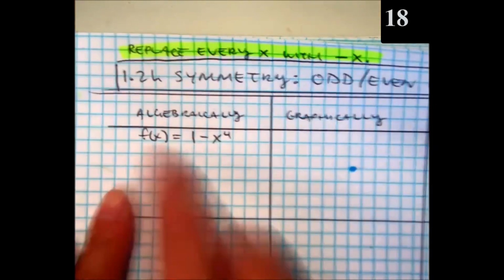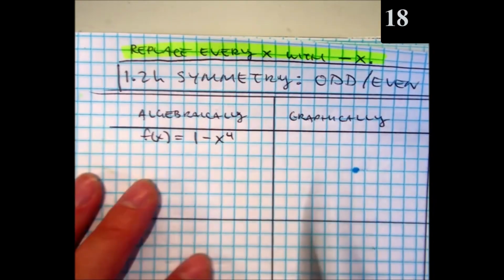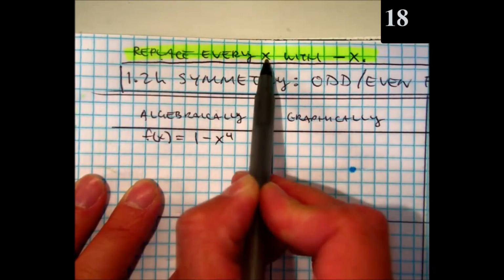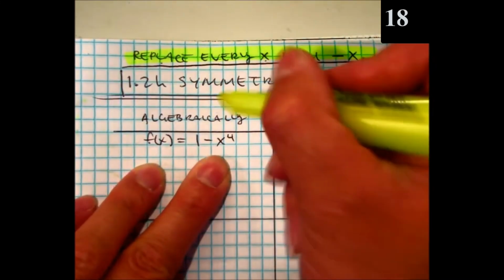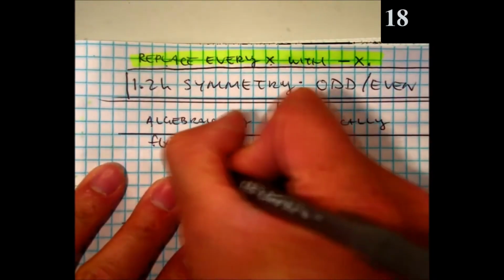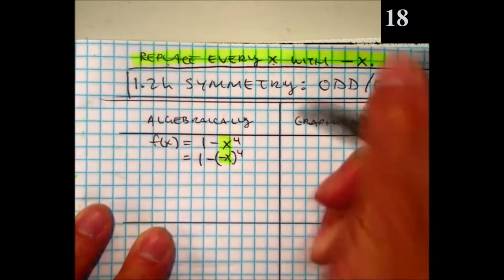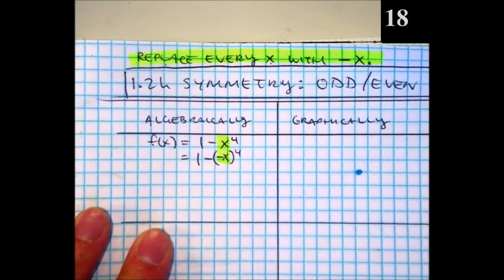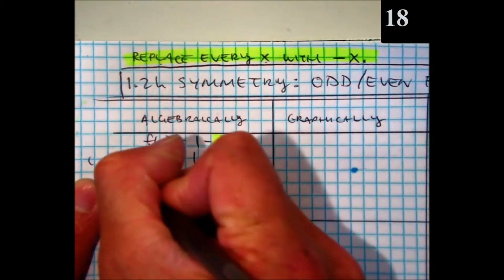All right, here's my example. F of x equals 1 minus x to the 4th. Replace every x with negative x. So I have an x here, and I'm going to replace it with a negative x. So I have 1 minus negative x to the 4th power. Remember, something to the 4th power is just written out 4 times.